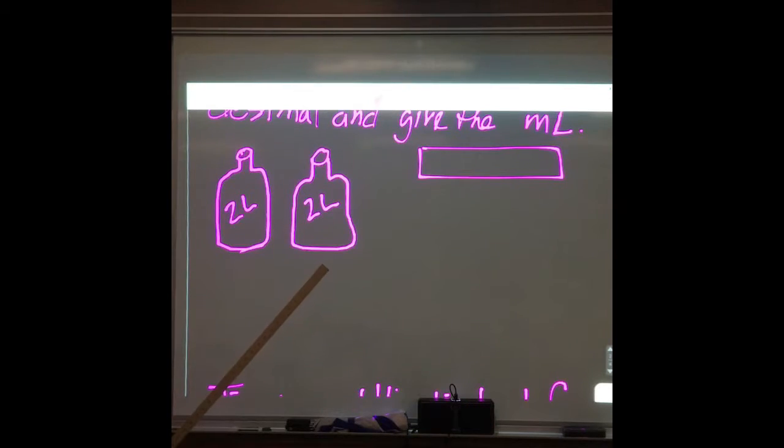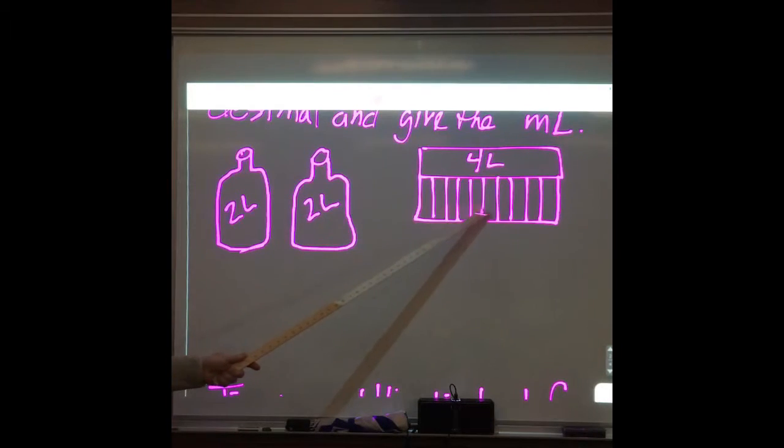How many liters am I going to have? Yes, 4 liters, right? Is that correct? Yeah. Good job. And we're supposed to put them into how many cups? 10 cups. Wow. That's a lot of cups, isn't it? All right, as you can see, we have 10 cups here. How much is going to go in each cup?